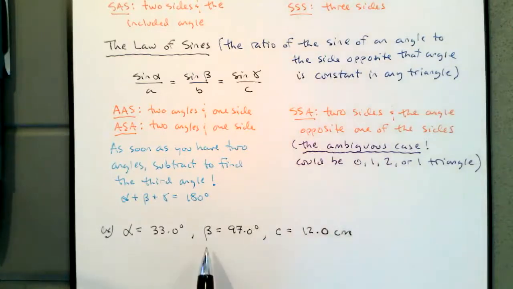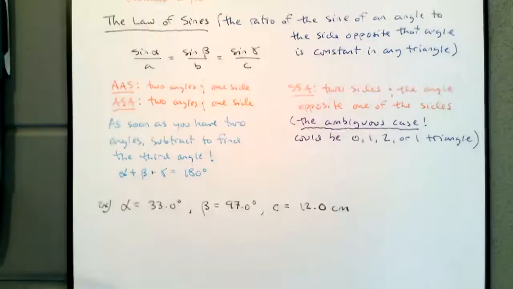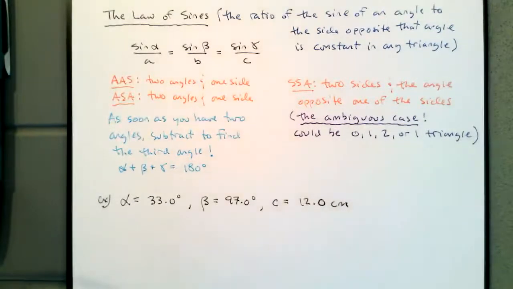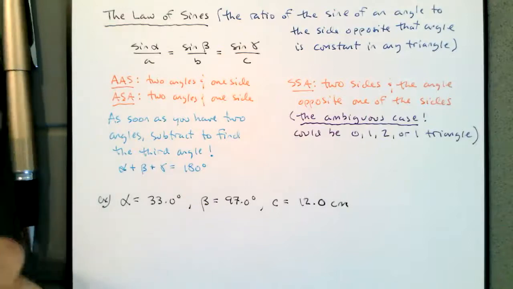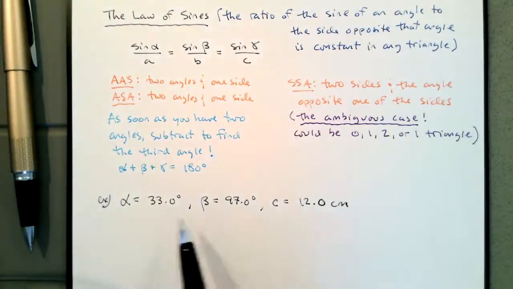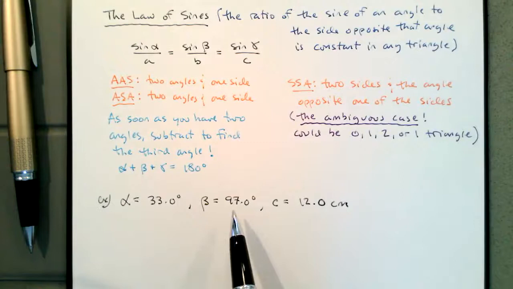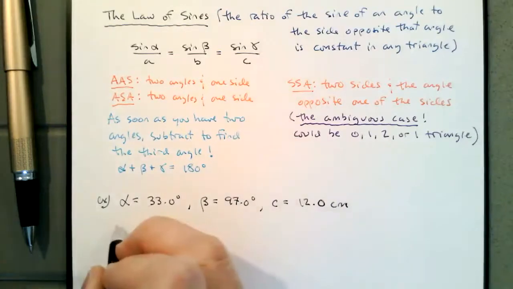So I have 2 angles and a side. As soon as we have 2 angles, we should subtract to find the third angle. So the first thing we need to go after is gamma.